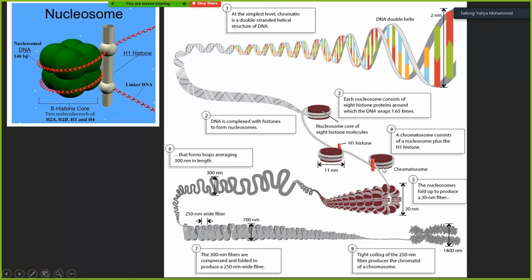Then the nucleosomes are wrapped around themselves to form these fibers. Each of these fibers is wrapped around again over here, and then each of these things is further wrapped around over here. And then eventually those are wrapped around over here.